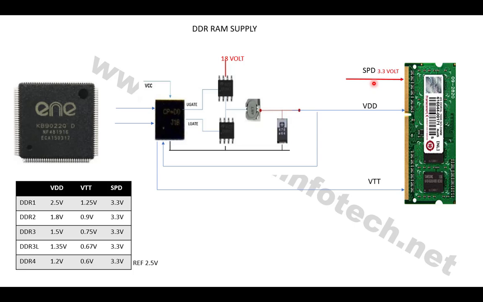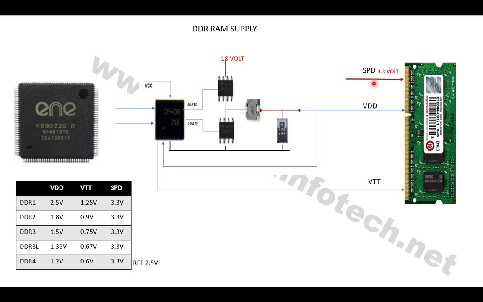When the CPU turns on and starts the power on self test, at that time the PCH reads the SPD chip, and the SPD chip tells the PCH what its storage capacity is, how many chips are there, who the manufacturer is, what the speed is, everything is informed.